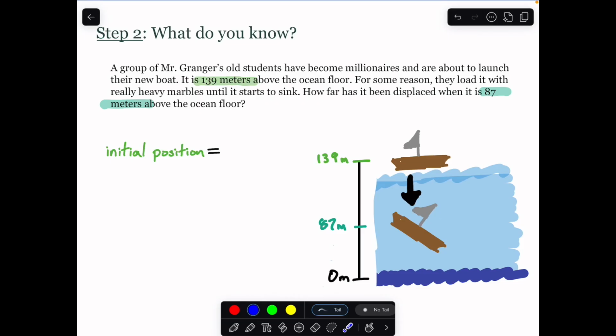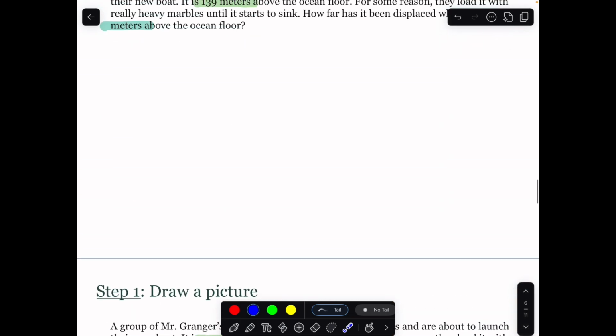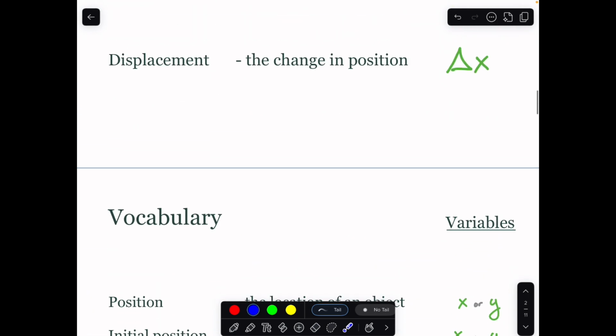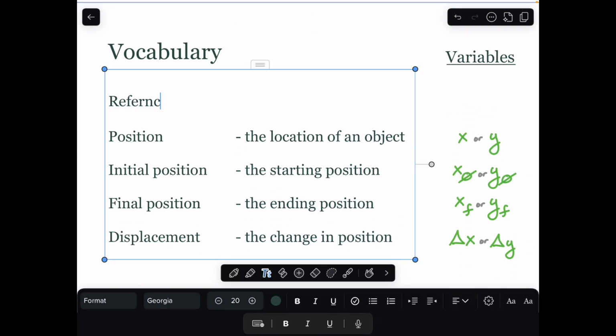Since all of our measurements are from the ocean floor or relative to the ocean floor, that makes the ocean floor our reference point. And I'm going to add this to our vocab page as well. So we have a reference point, where you measure from. Wherever you start measuring, wherever 0 is.